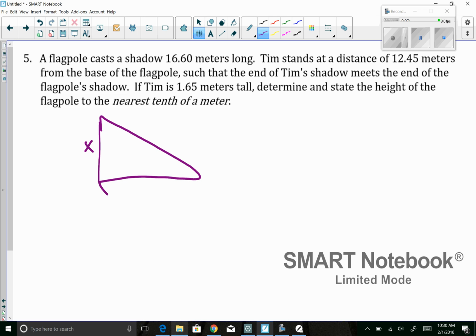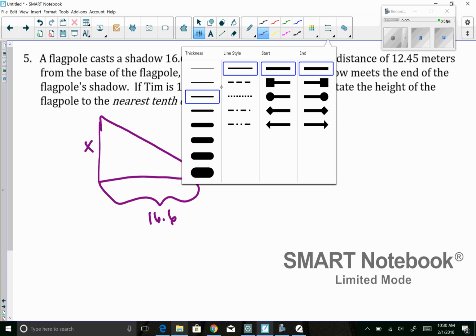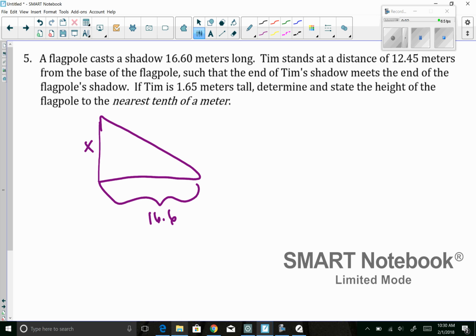We do, however, know that the flagpole has this shadow of 16.6. And Tim here stands 1.65 meters tall, and he's standing 12.45 meters away from the flagpole.